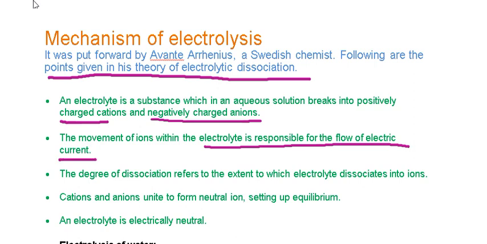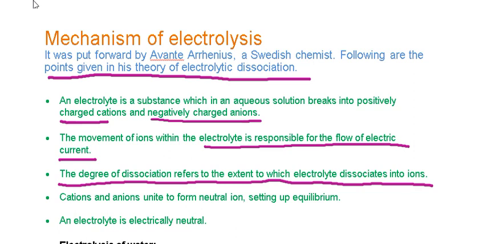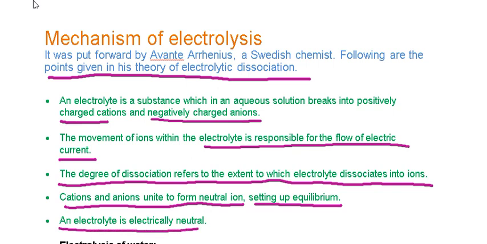Very good. The degree of dissociation refers to the extent to which an electrolyte dissociates into ions. Cations and anions unite to form neutral atoms, setting up equilibrium. An electrolyte is electrically neutral.